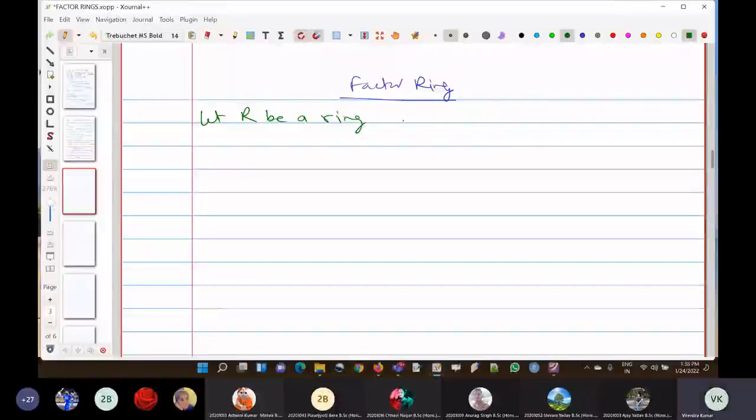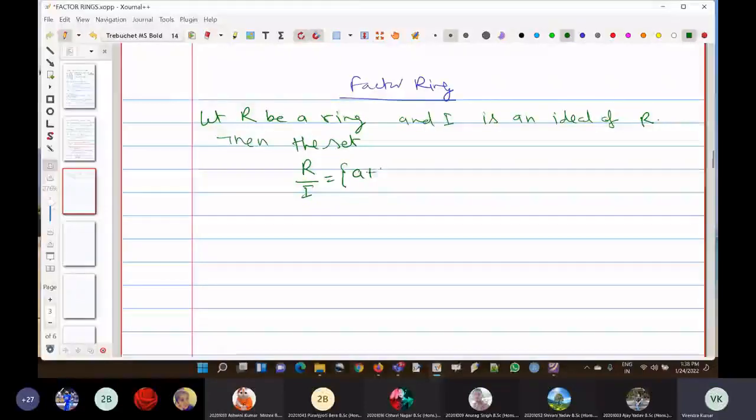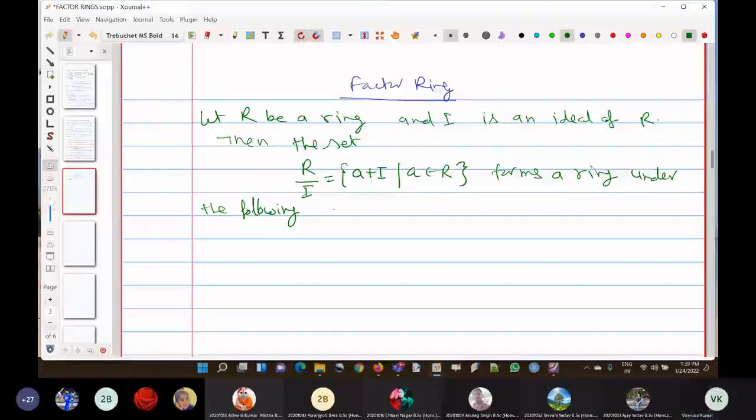Let R be a ring, and I is an ideal of R. Then the set R by I, defined as the collection of elements of the type a plus I, where a belongs to R, forms a ring under the following operations.